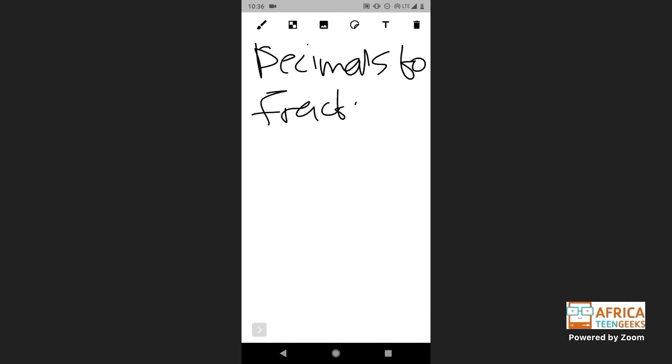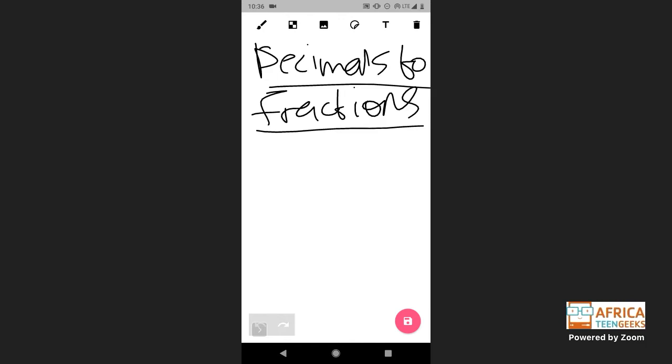So let's go to the second one, which is our second question, converting decimals to fractions. So here we'll be converting decimals to fractions.